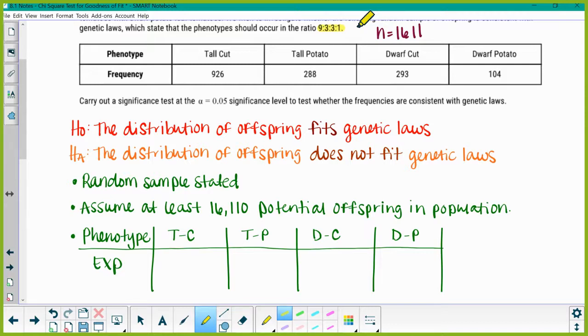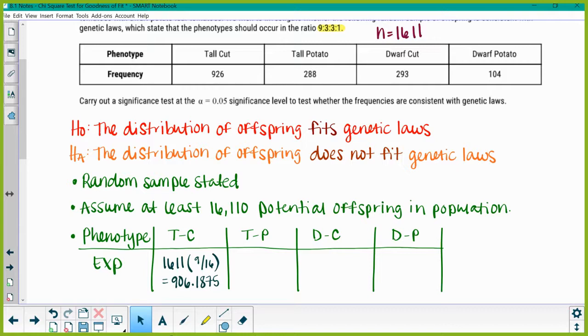The way I calculate expected counts for my four different categories is I'm going to take my entire sample size of 1611 and multiply it first by 9 out of 16. That's going to give me 906.1875.